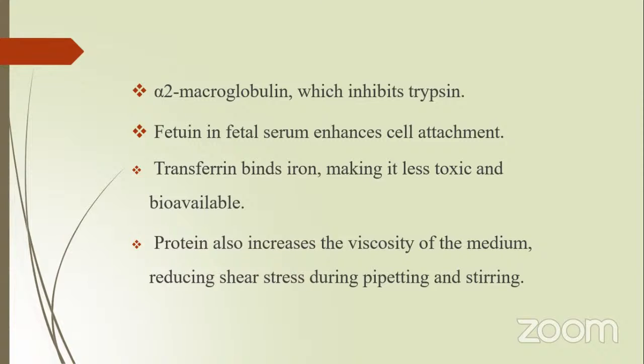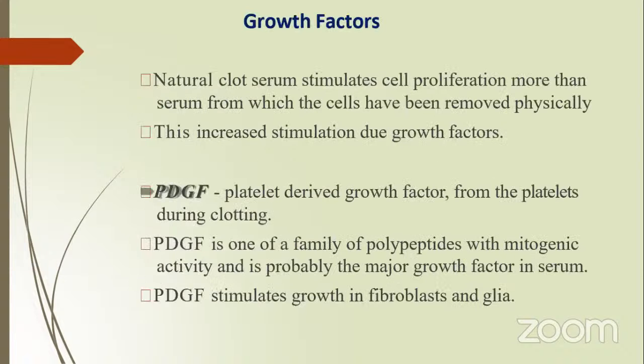Then fetuin, a fetal serum protein, enhances cell attachment. Then transferrin binds to iron and makes it less toxic and more bioavailable. They also increase the viscosity of the medium so that it reduces the stress while you pipette or stir. Usually some kind of agitation and stress is generated, so to prevent that, the protein makes the medium more viscous.